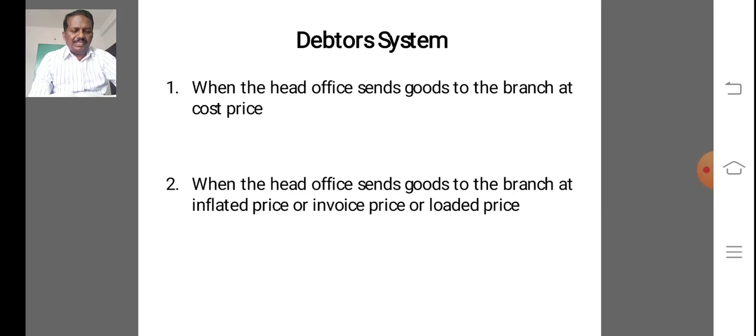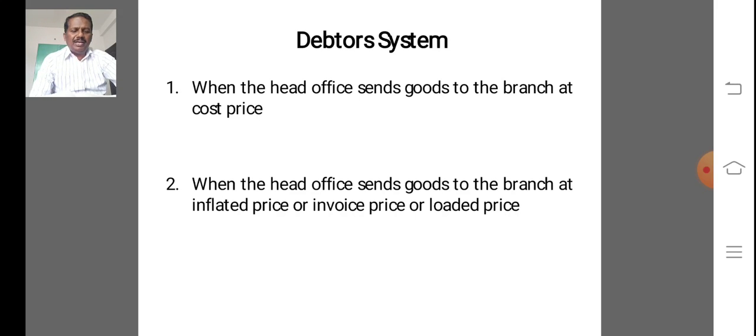What is debtors system? Under this system, the head office treats the branch office as a debtor. At the end of the accounting period, the head office prepares a branch account to ascertain the profit or loss of the branch.